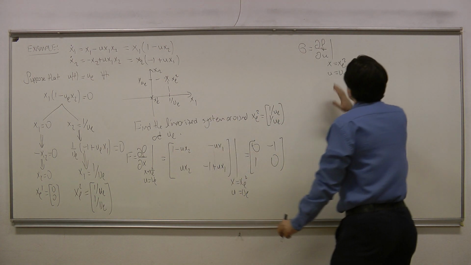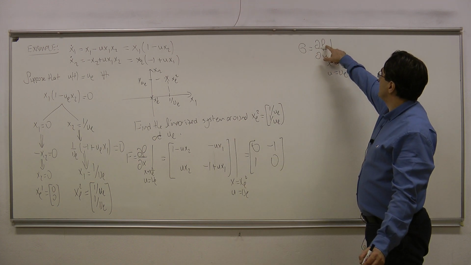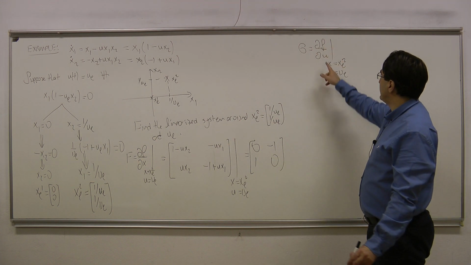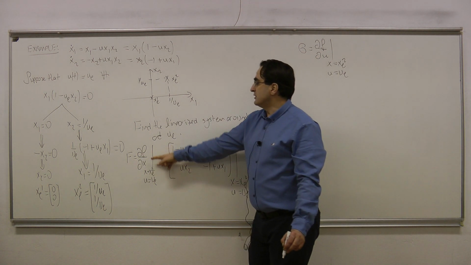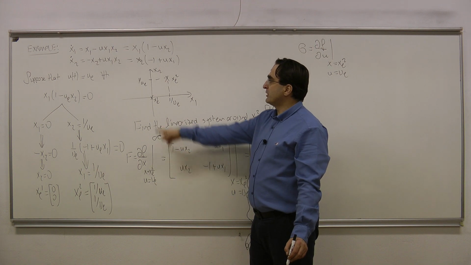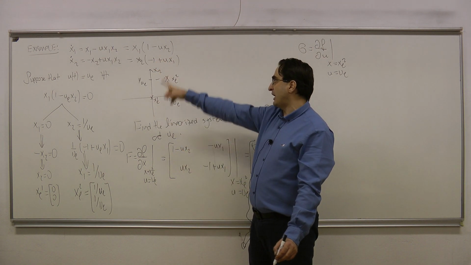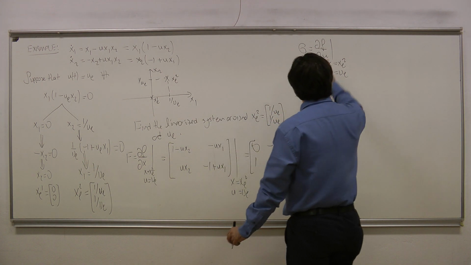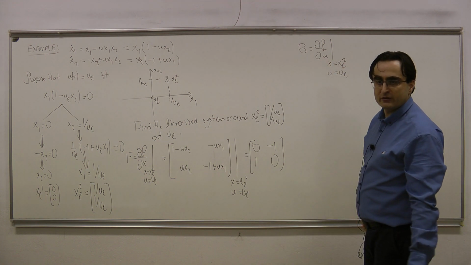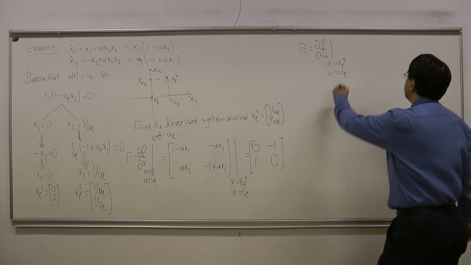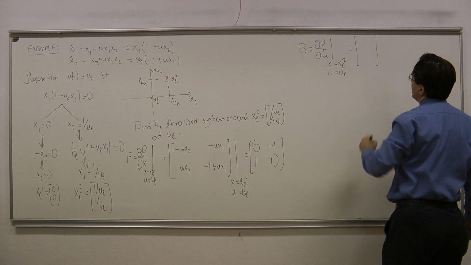That means that in general, the Jacobian matrix has as many rows as the function F, and it has as many columns as the variable U. So here, the number of rows was 2 because F had 2 components, and we had 2 columns because x had 2 components. Here, this is going to have 2 rows and 1 column because U is a scalar. It has only 1 component. So that is going to be a vertical vector here.